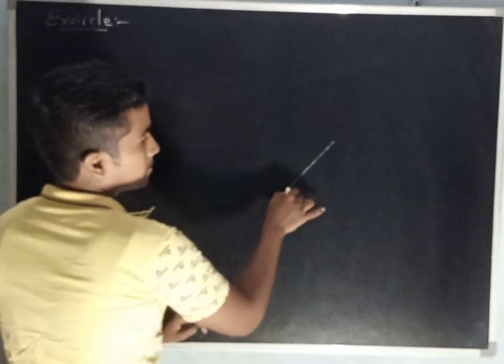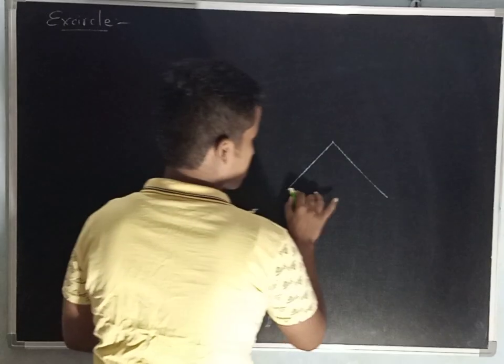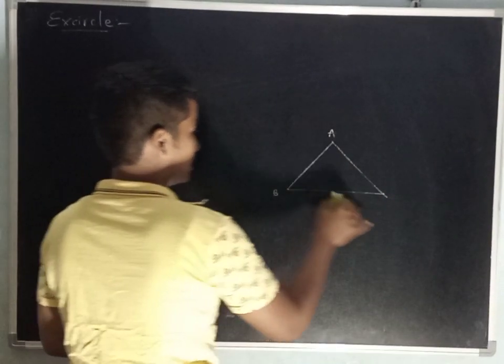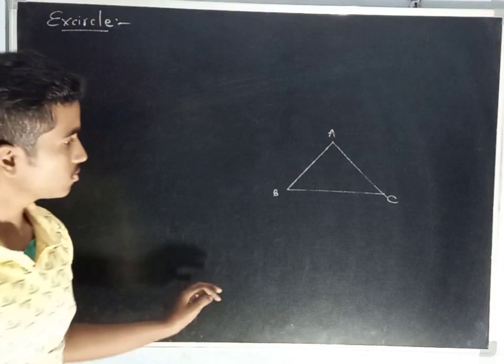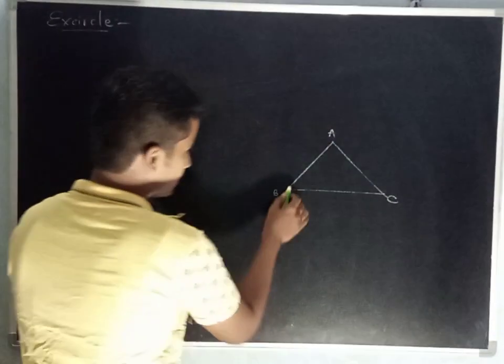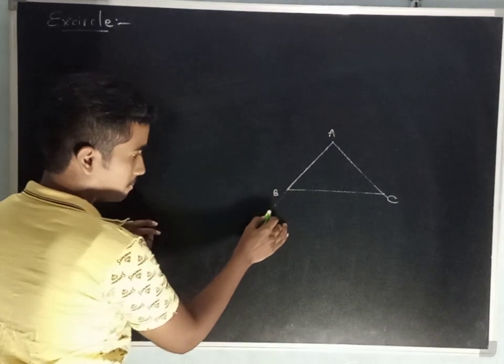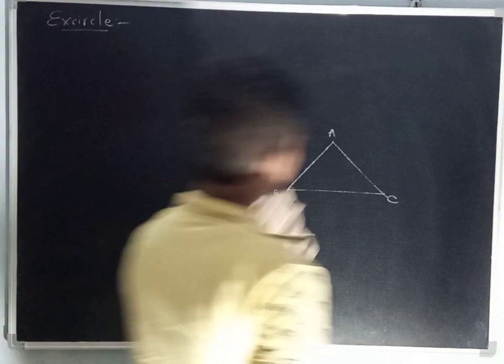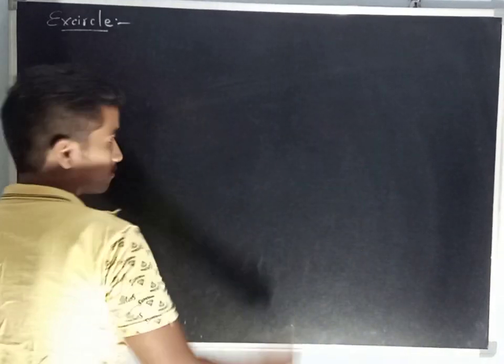Now, the excircle. For a triangle, consider triangle ABC. Let me draw a little bit small so that the understanding will be clear.